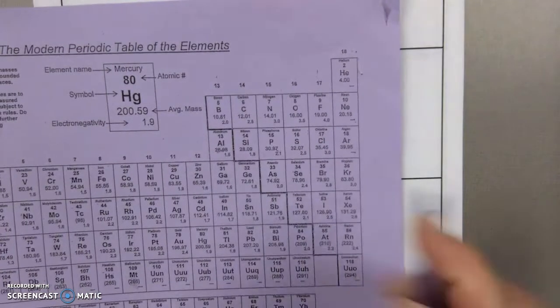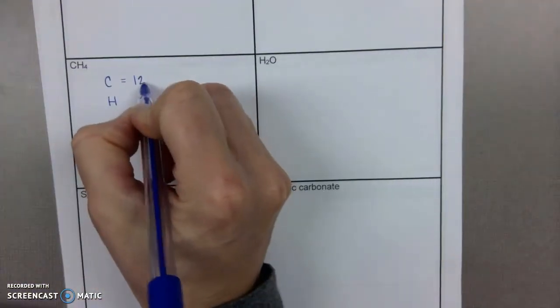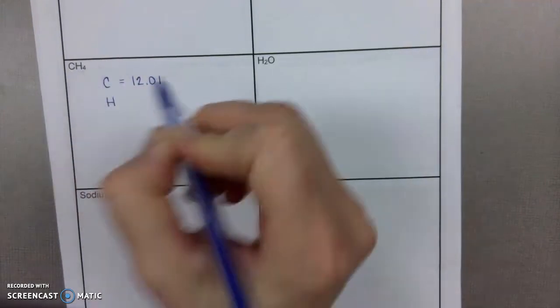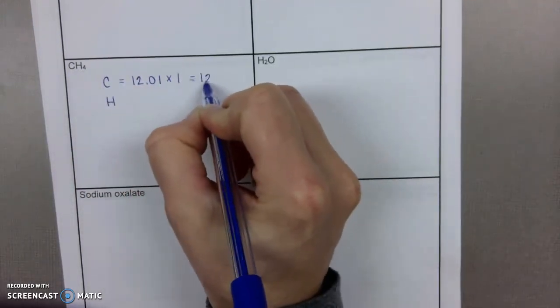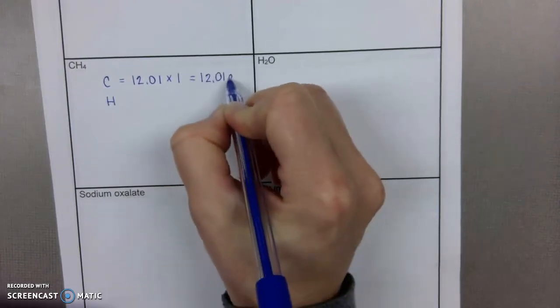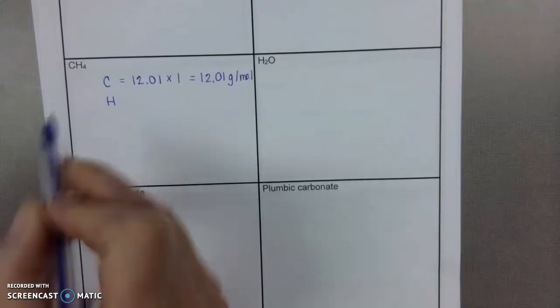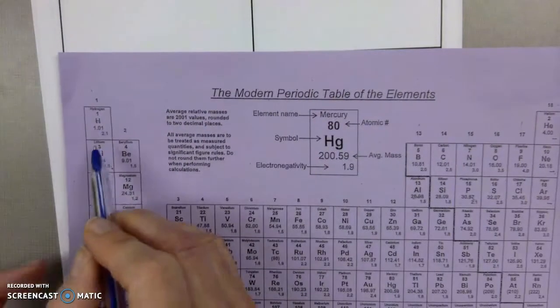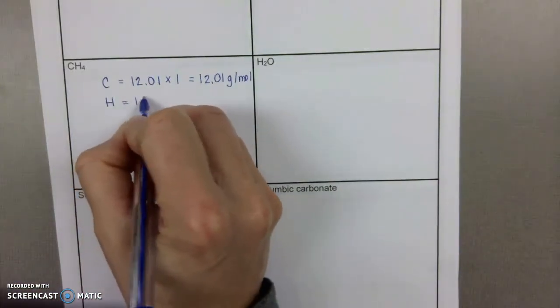So I can find carbon on the periodic table and I write down 12.01. I have 1 atom present in methane gas, which is just equal to 12.01, and the unit is grams per 1 mole. Hydrogen is 1.01, so I'll write that down for hydrogen.